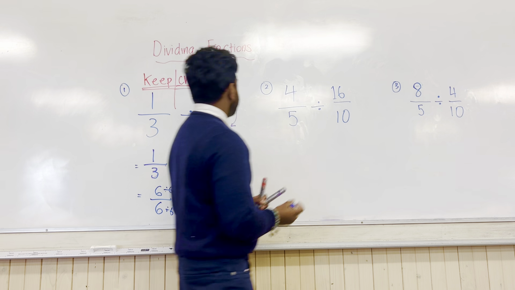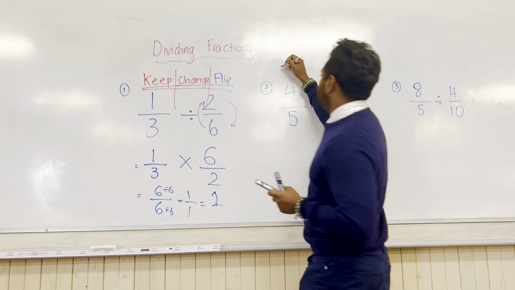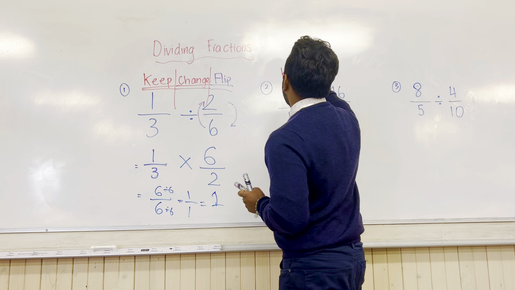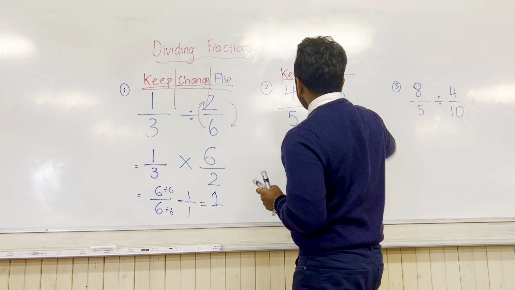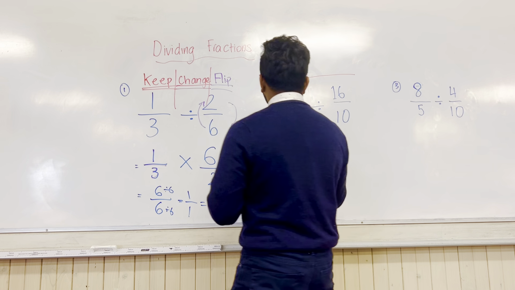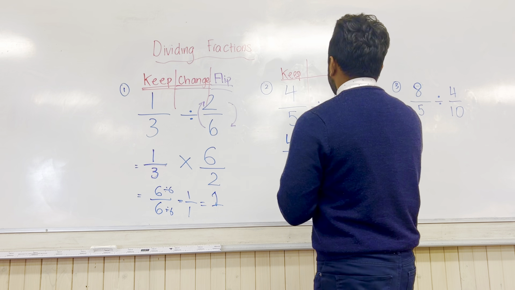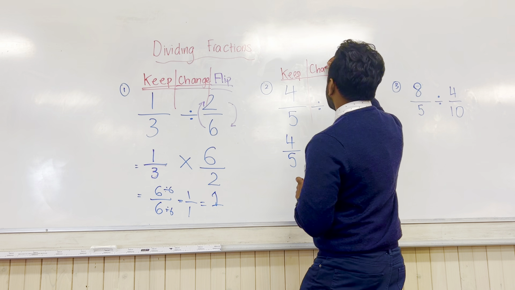Going on to this next question, you're going to have to do the same rules. First one, which was keep. You're going to keep this the same, so you're going to write it out. That's going to be 4/5. The next stage is you're going to change.